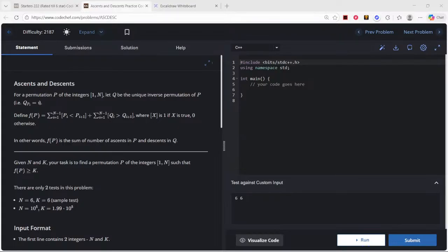Q 5 or less than 5 plus 1. Summation i equal to n minus 1 greater than Qi. So I have 5 plus 1. Pi less than Pi plus 1 तो represent करते हैं 1 is true and 1 is false, right? And Qi is greater than Qi plus 1. जो कह रहा है, right?